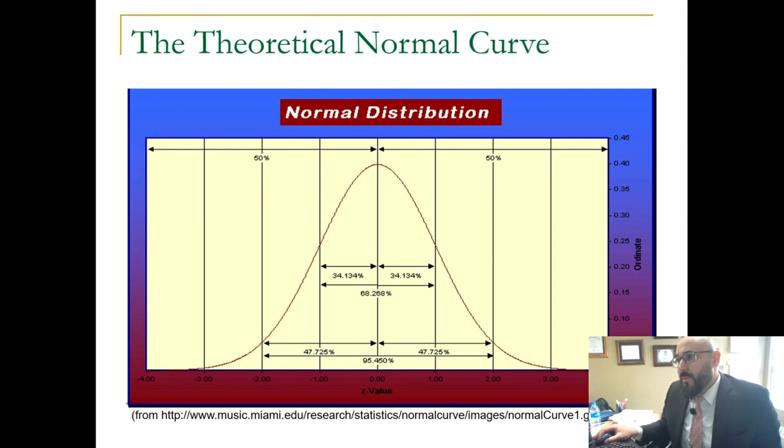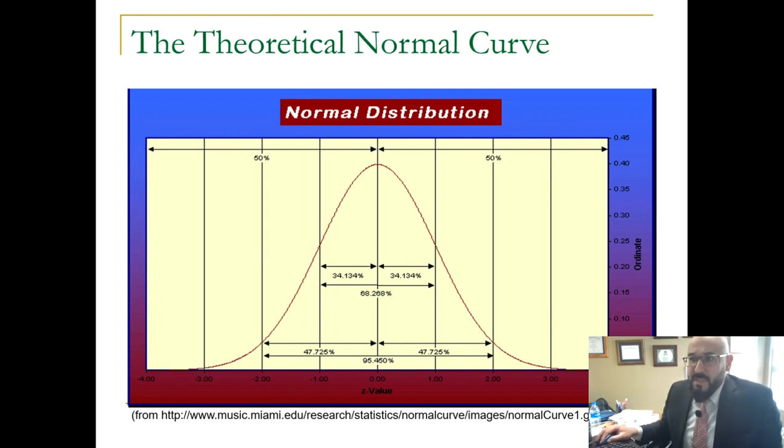Also, what I would like to mention now, if we combine the area from +1 standard deviation and -1 standard deviation, that would be equivalent to 68.26%. If we're talking about 2 standard deviations, that would be 47% of the data located on the right side of the 2 standard deviation.